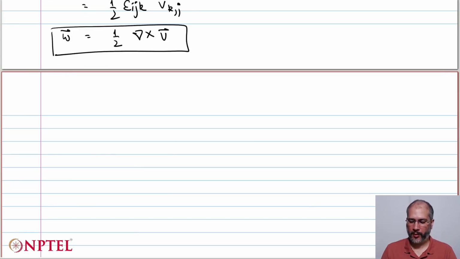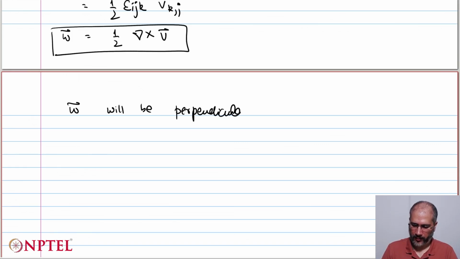If you now look at the two-dimensional velocity field, what you will notice is that the omega vector will be perpendicular to the plane of motion in a 2D velocity field.